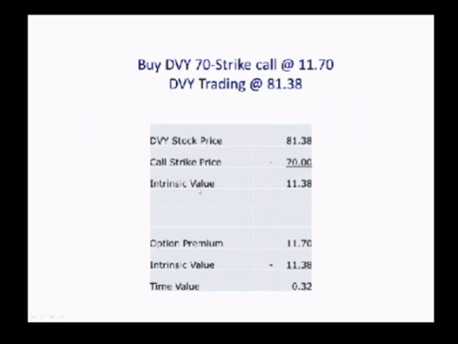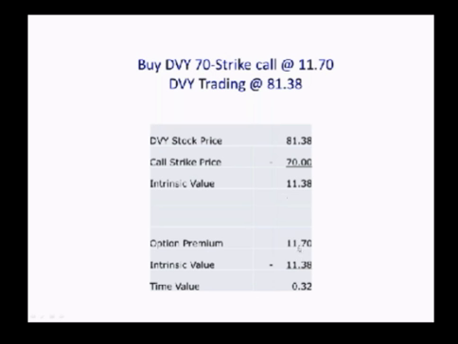Let's look at the math on this and how you can calculate this time value portion of the option. The stock was trading at 81.38. We bought the 70 strike call, and we paid $11.70 for the option. The intrinsic value is calculated by simply subtracting the strike price from the stock price, so this option had an intrinsic value of $11.38.